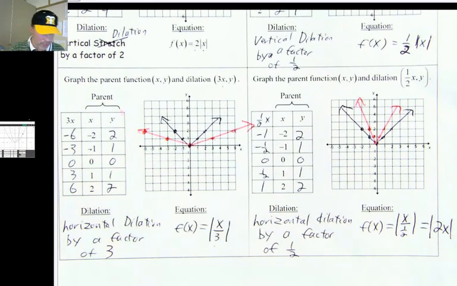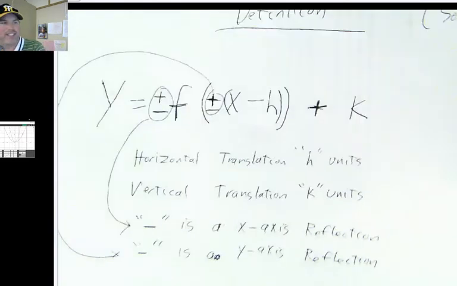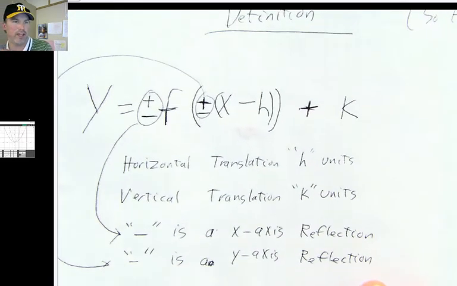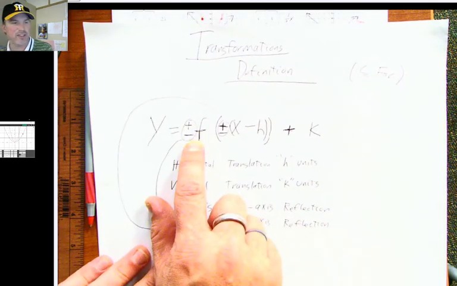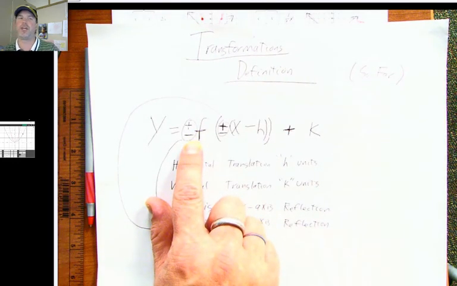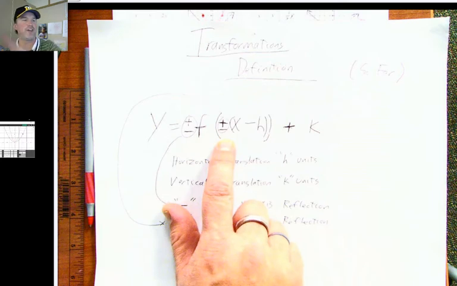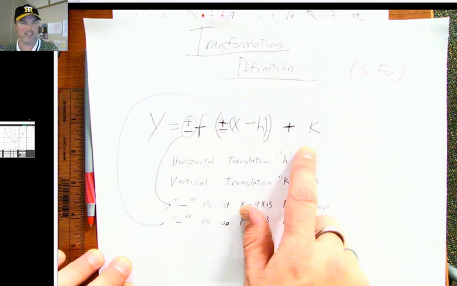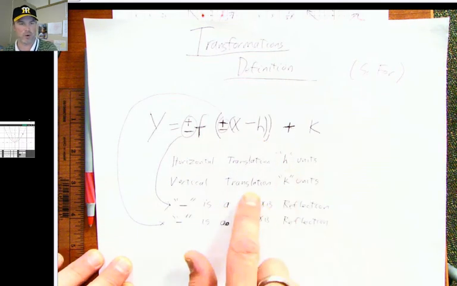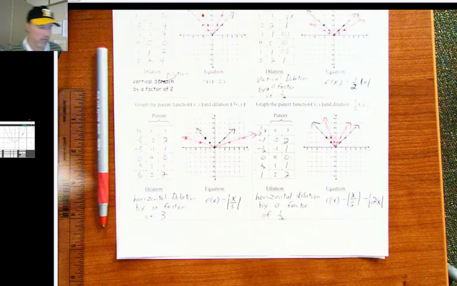All right. So our previous transformations definitions sheet looked like this. And this had the reflections in it, with positive, negative in front. That's the x-axis reflection. The positive, negative on the inside for the y-axis reflection, traveling h units to the right and k units up, or just our horizontal and vertical translation.